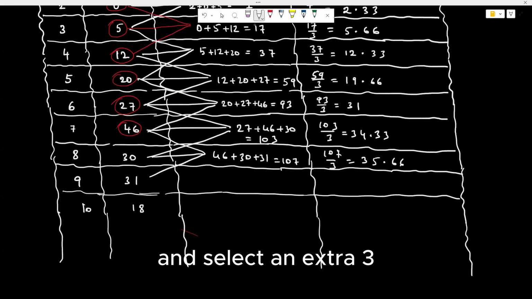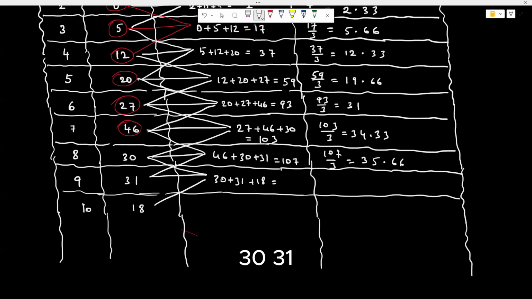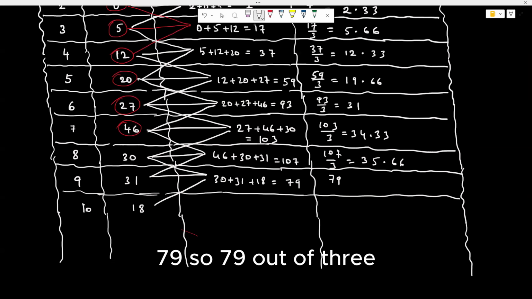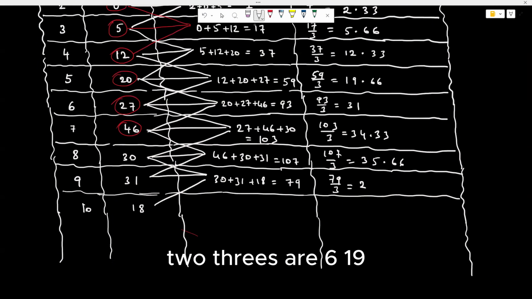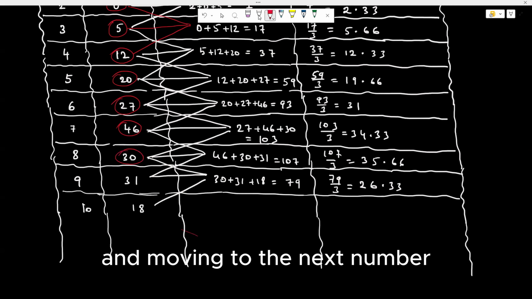Select the next 3: 30 plus 31 plus 18 is 79. So 79 by 3 is 26.33. Then round the value and move to the next number.